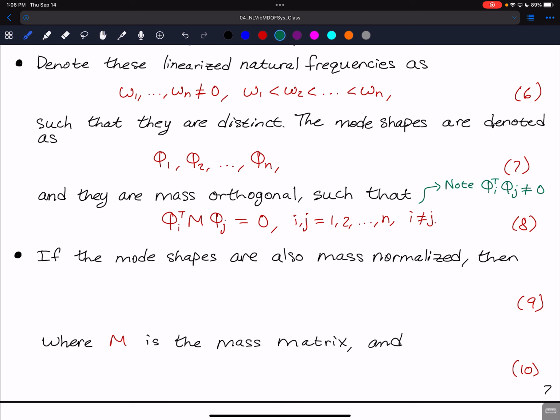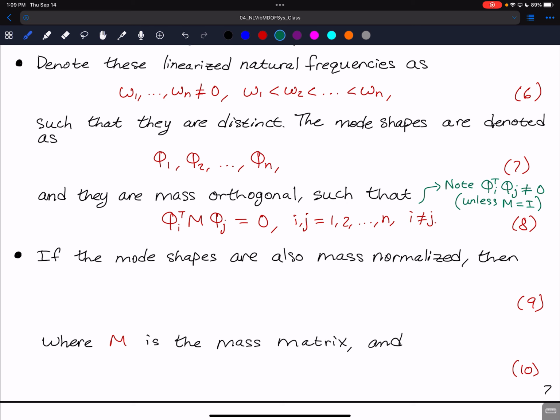Then they are orthogonal with respect to each other.